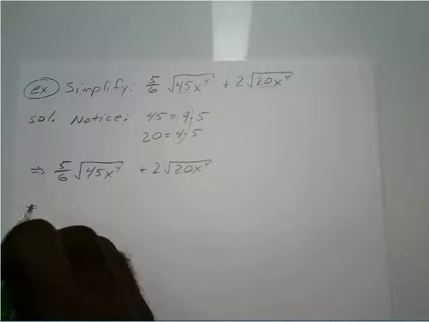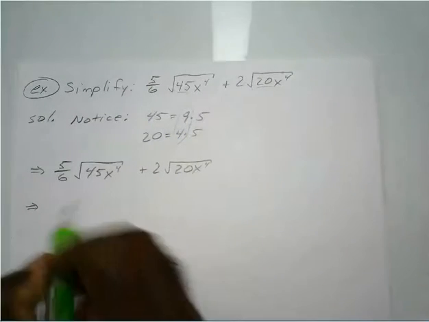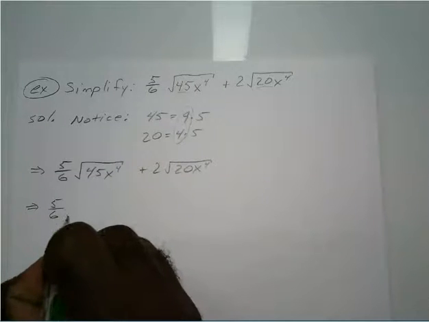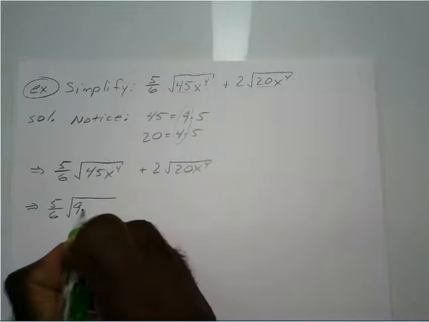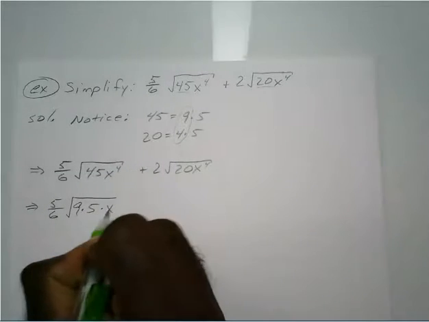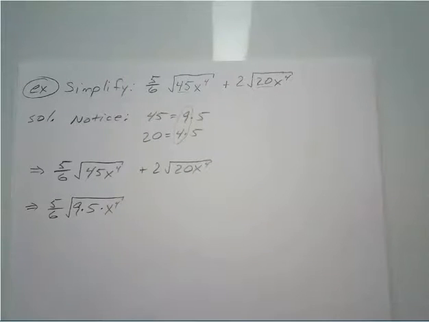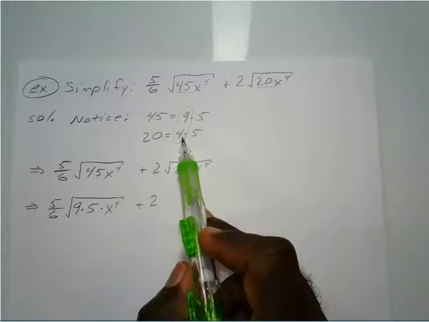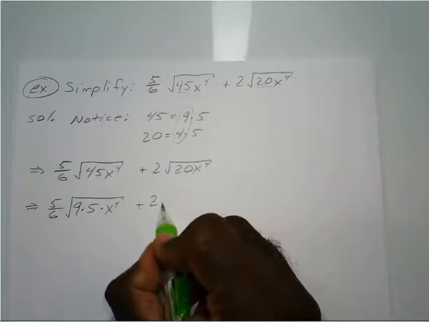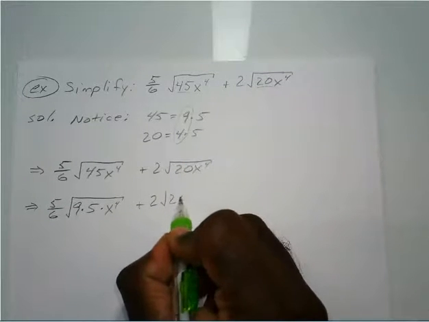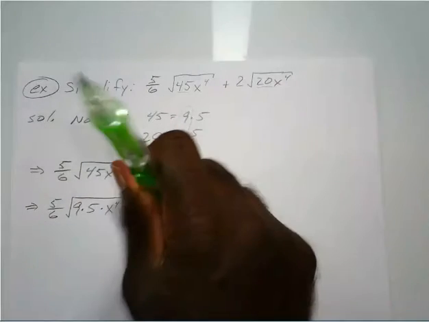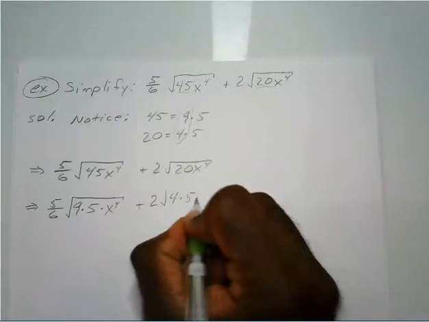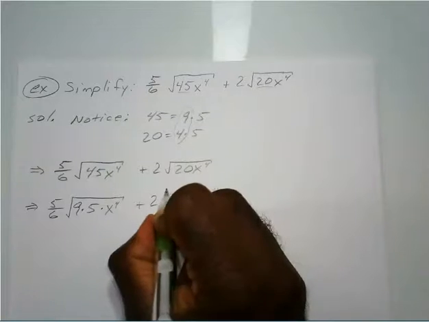Okay, so if we go ahead and substitute our 45 with 9 times 5, that's 5 over 6 times the square root of 9 times 5 times x to the 4th power plus 2, replace 20 with 4 times 5, square root of 4 times 5 times x to the 4th power.